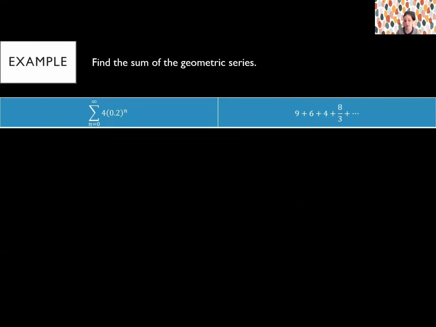So one on the left, another one where we're going to use the formula. It's in summation notation. The one on the right is not in summation notation, so we have to do a little more work there. But for the one on the left, let's have you guys do this one as well. I'll write down the formula again. The sum is a1 over 1 minus r.